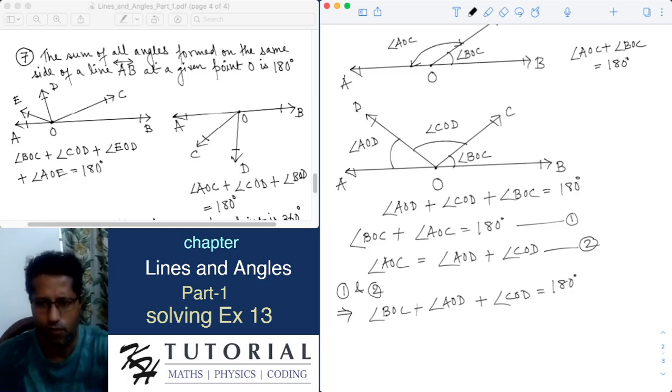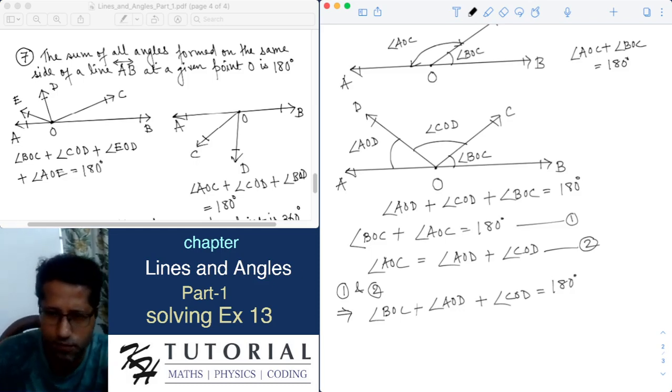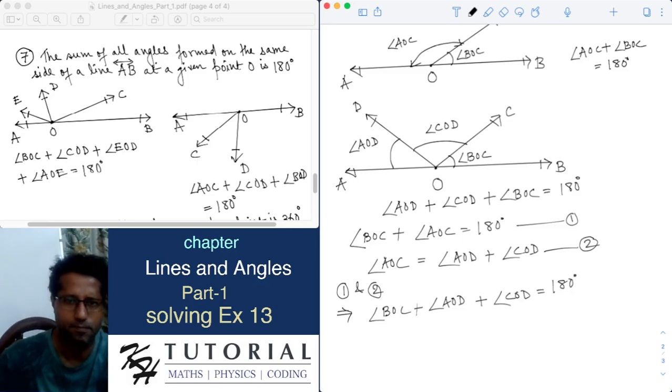So this is true for three angles. If you have more than three angles, the same logic will apply, and the sum of all those angles on one side of the line will always be 180 degrees.